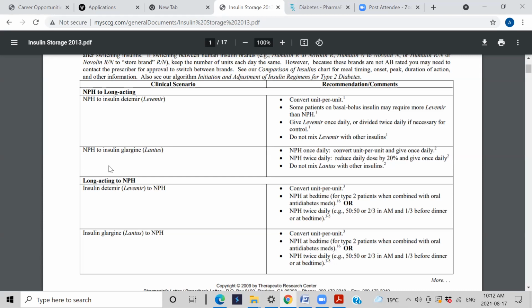If I decrease it by 20%, it will be 10 units less. So the patient was receiving 25 units of NPH in the morning and 25 units in the evening, and I will give him only 40 units of insulin glargine in the evening. This is where I reduce it by 20%.